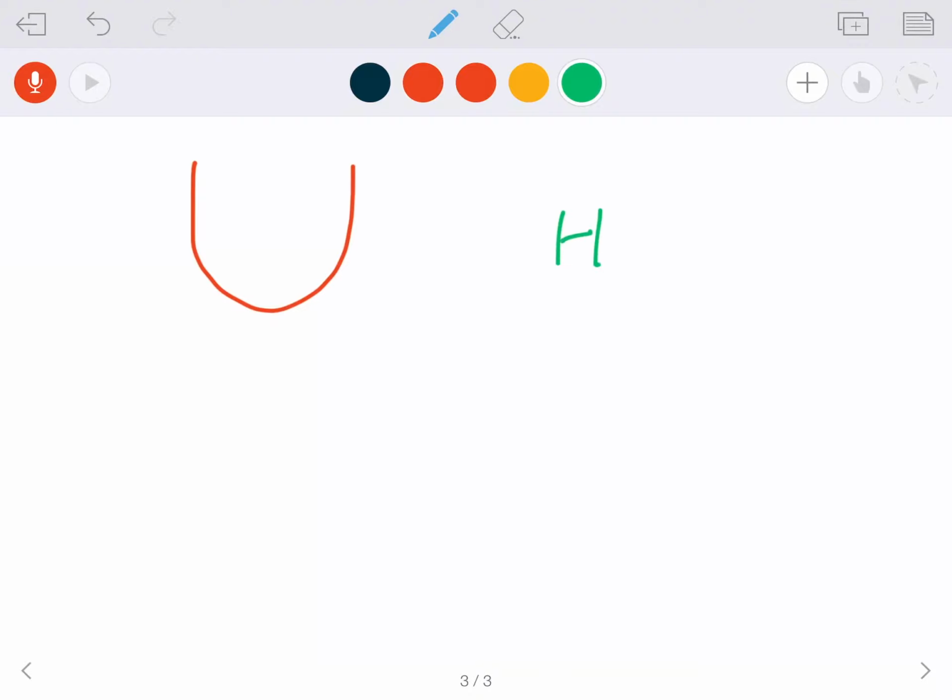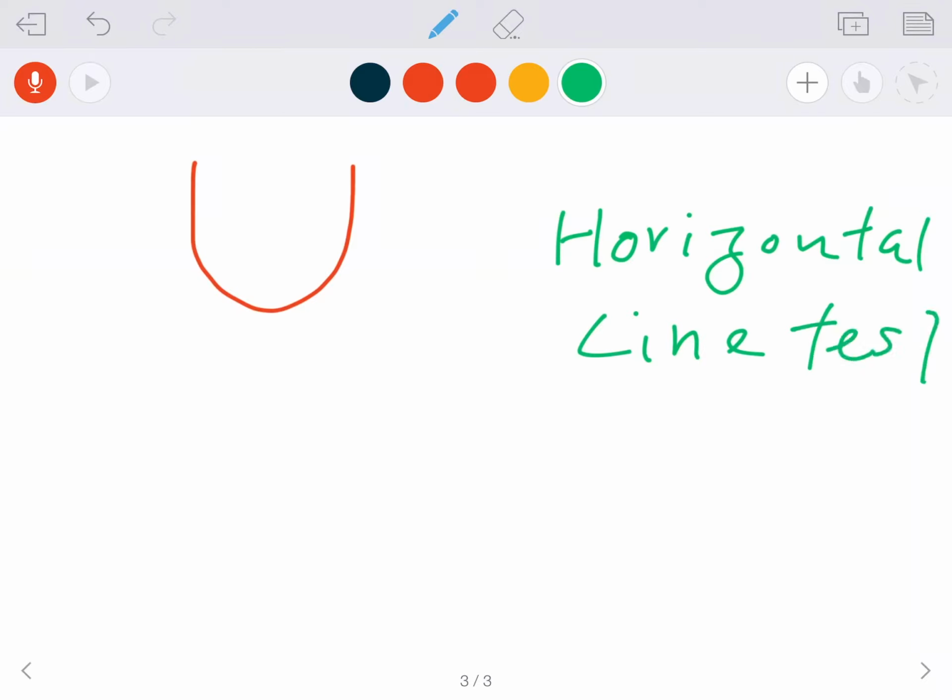The horizontal line test is basically we're going to make a horizontal line that goes through this graph, and if we find the horizontal line passes this graph more than once, then we say it is not one-to-one. Since this horizontal line crosses the graph here, here, which is twice, in this case we say this function is not a one-to-one function.